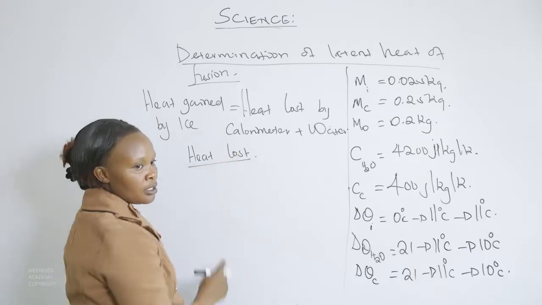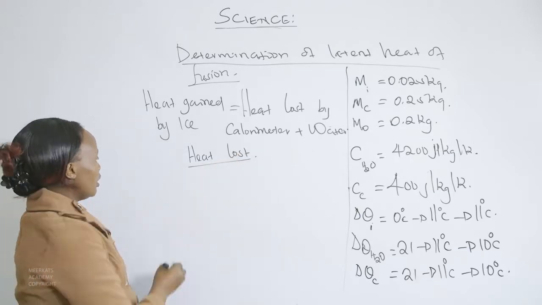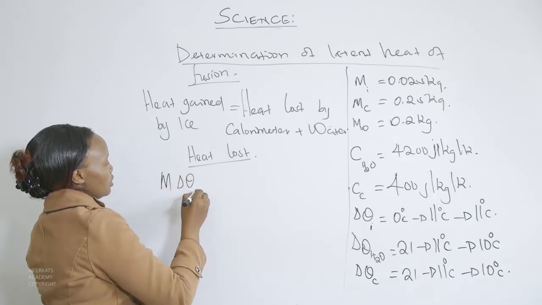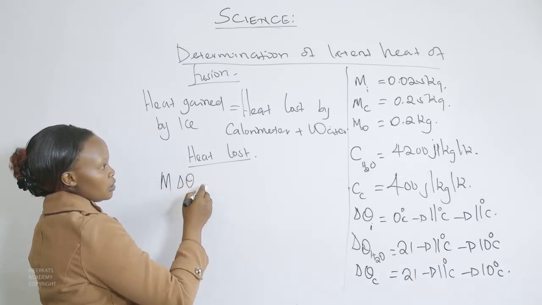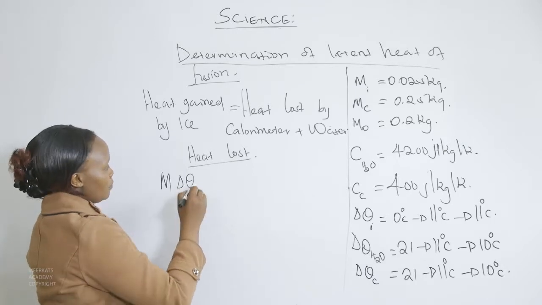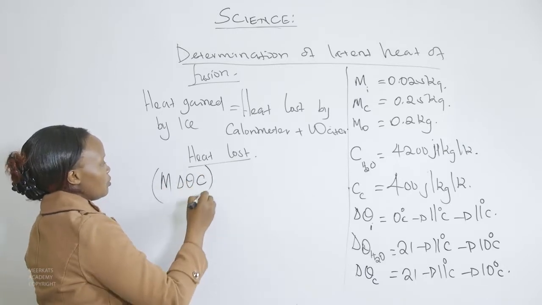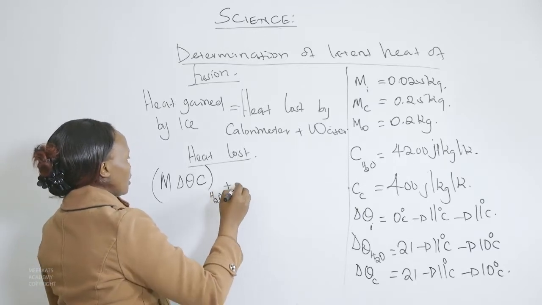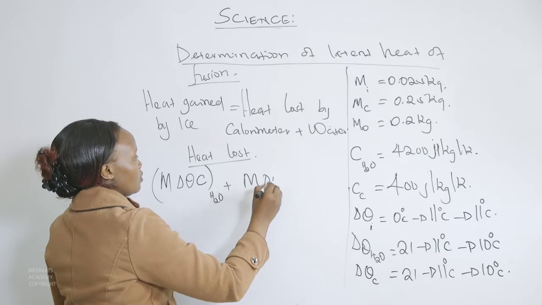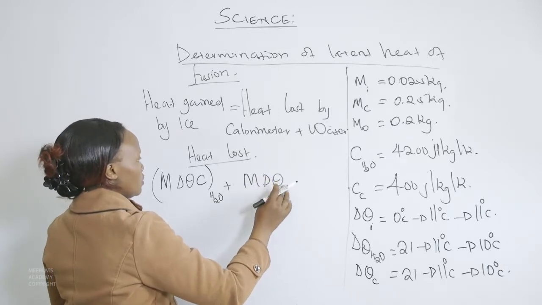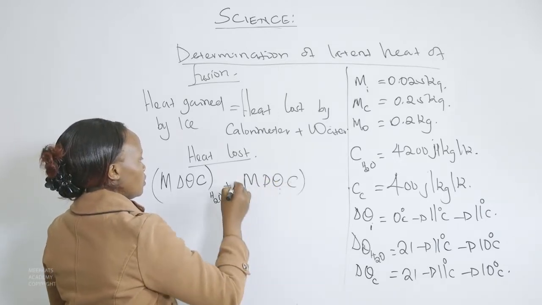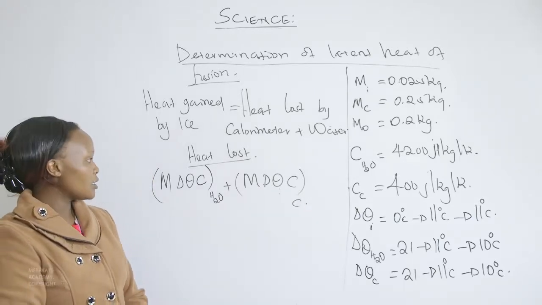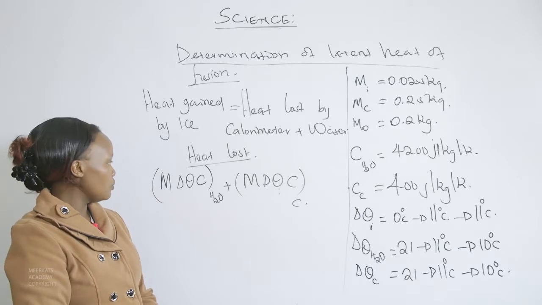The heat lost will be mass times the change in temperature times the specific heat capacity, both of water plus that of the calorimeter.